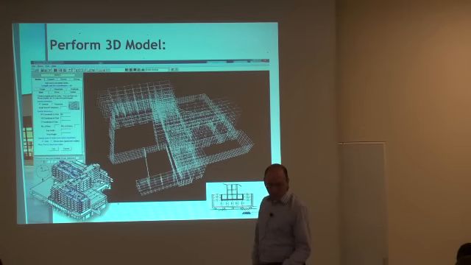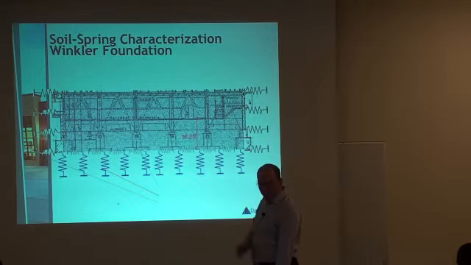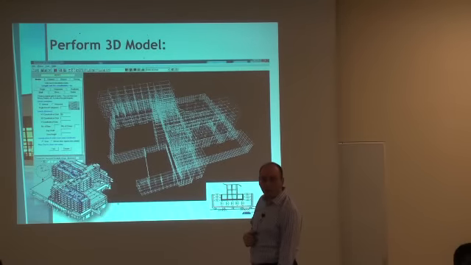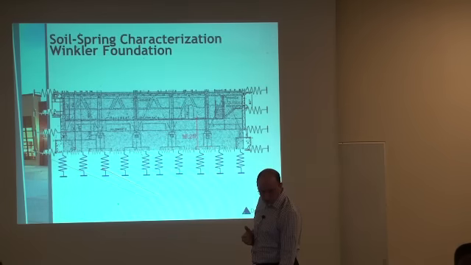To show you the complexity of the models we deal with, that's one of the models we recently did for a very large hospital in Stanford. And if you're familiar with Perform, that's in Perform. And we went through a process to convert this model to OpenSees in order to do this kind of soil structure interaction.